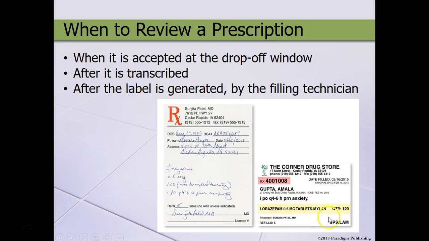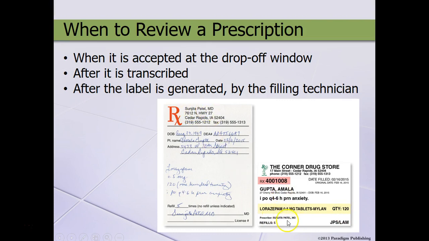Looking at it, lorazepam, the drug, 0.5 milligrams, that matches. When we select our medications using barcode scanners or pull-down menus, it will identify our NDC number and who our manufacturer is. Mylan is a manufacturer. The quantity to be dispensed, 120, that matches. The prescriber, does that match?